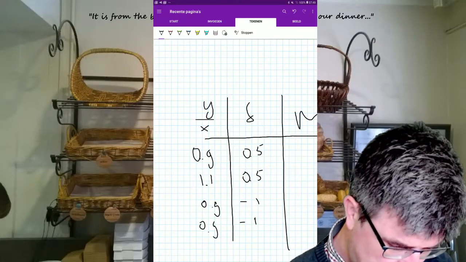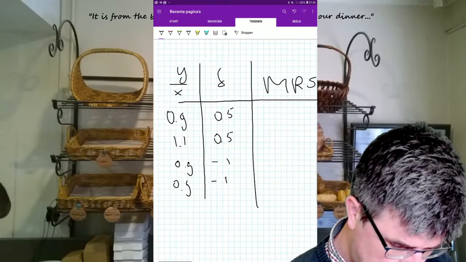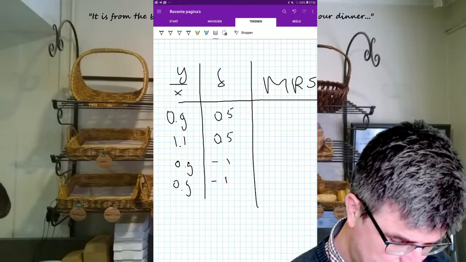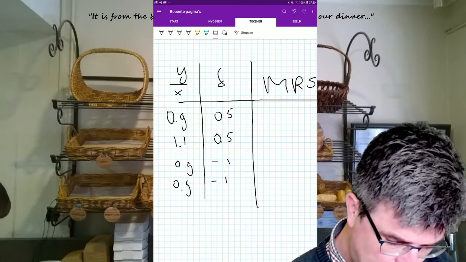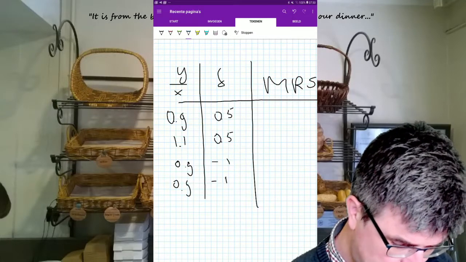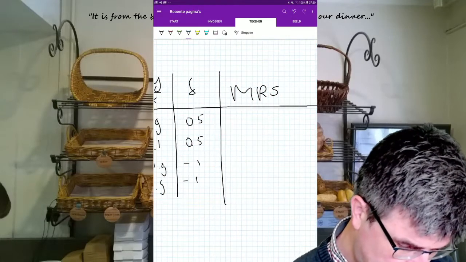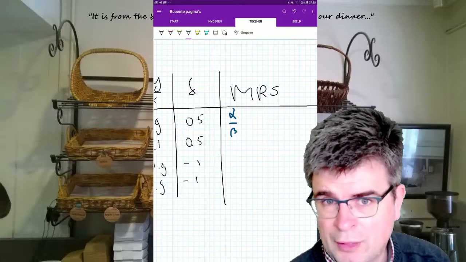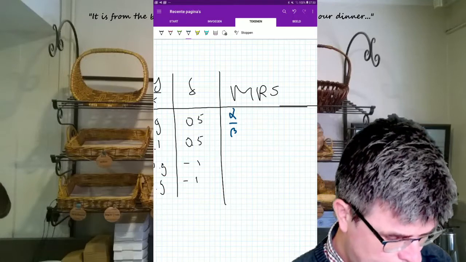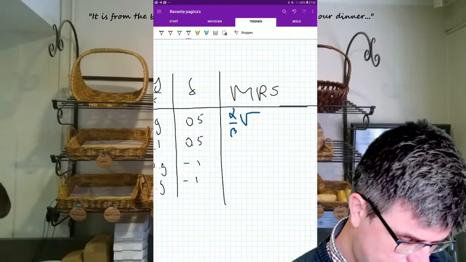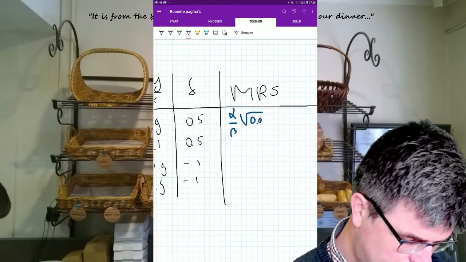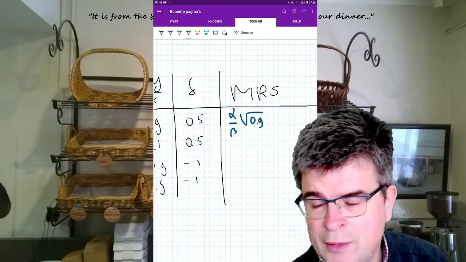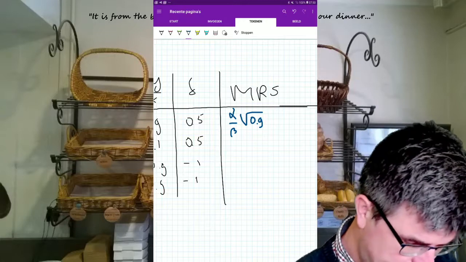Now then you can compute. So delta equal to 0.5 means that you have a square root, and the marginal rate of substitution is equal to alpha over beta, and these numbers are not given in the exercise. The ratio is 0.9, delta is 0.5, so we have marginal rate of substitution is alpha over beta times the square root of 0.9.